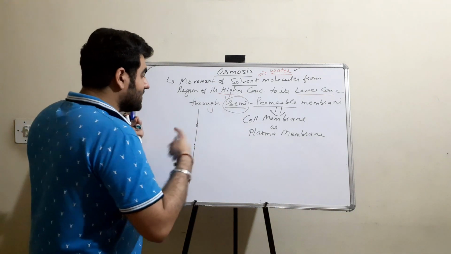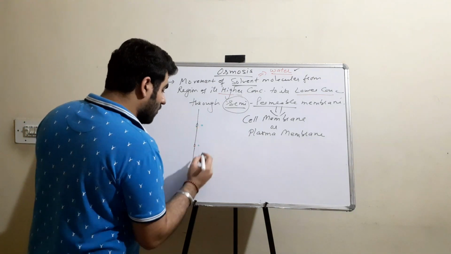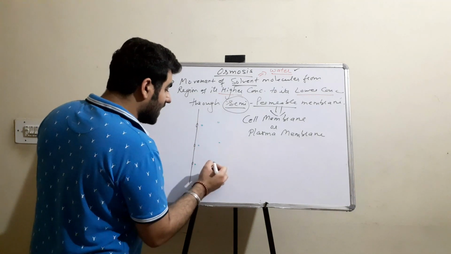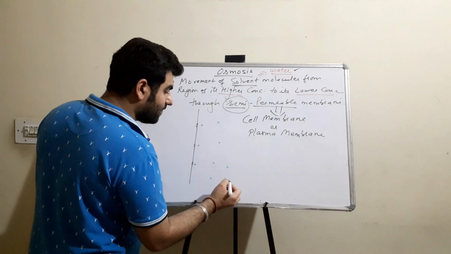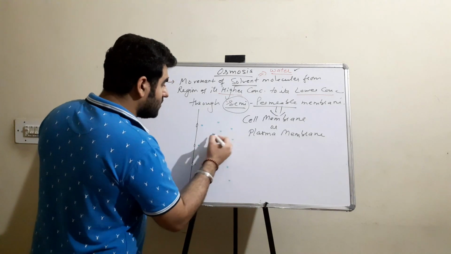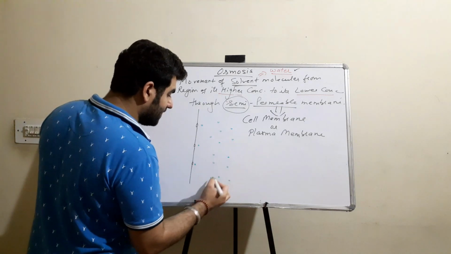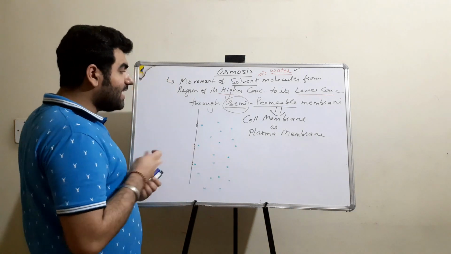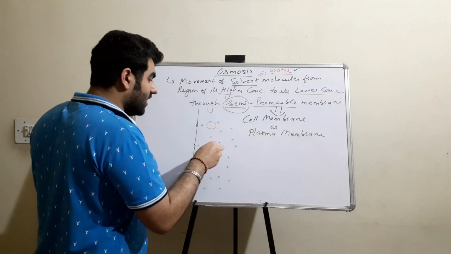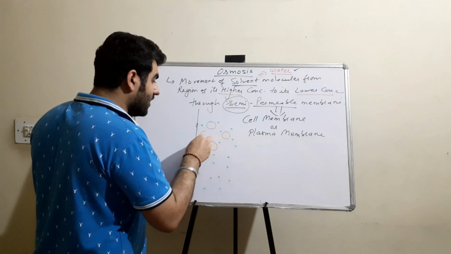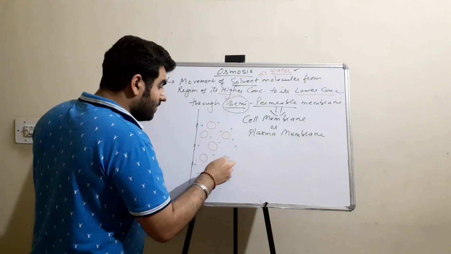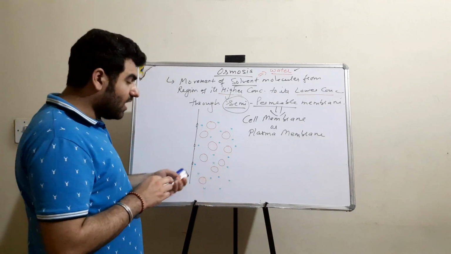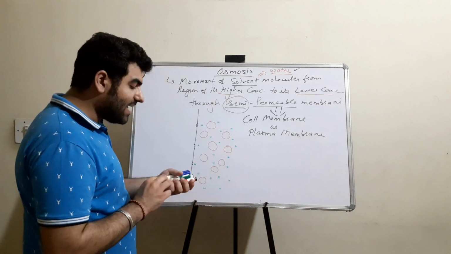Now here is the water molecule. Let me draw the water molecules like this over here. So these are the water molecules. Now let us see what are the solute molecules. Here are the solute molecules. It means that this solution is having both the things, the solute particles as well as the solvent.